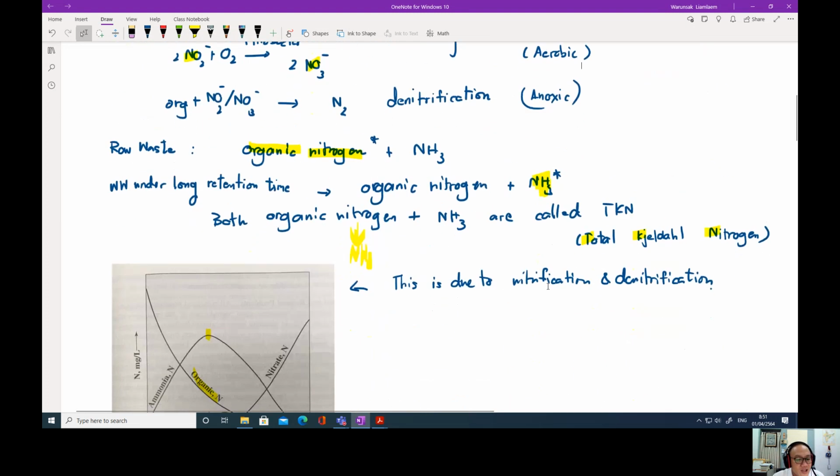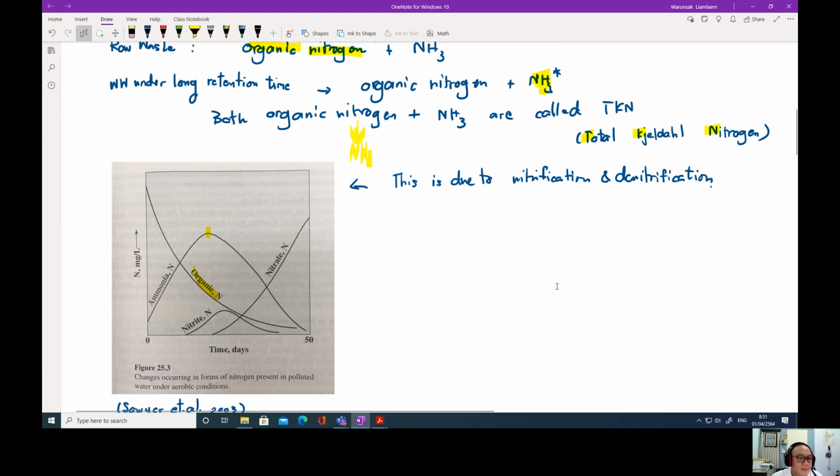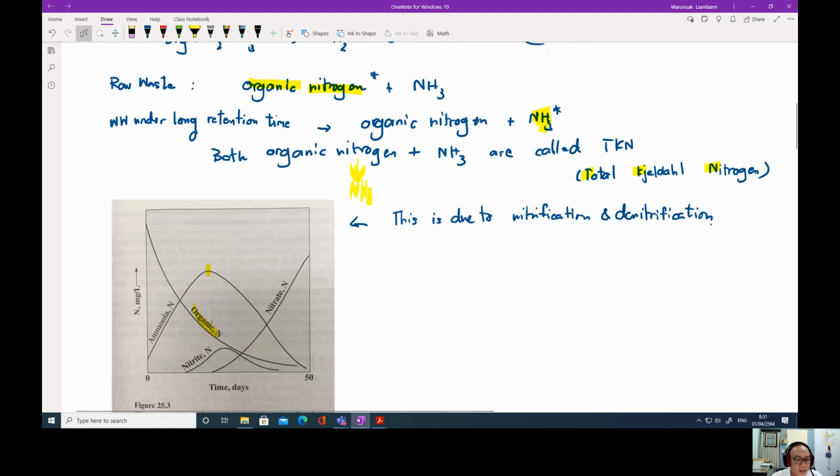So according to the reactions taking place in nature, the organic nitrogens will get degraded and become ammonia. If you are focusing on the amount of organic nitrogens present in the water sample, you will see some reductions like this.